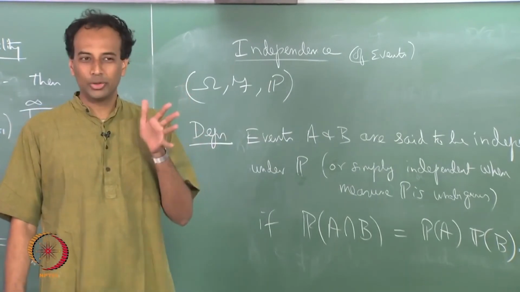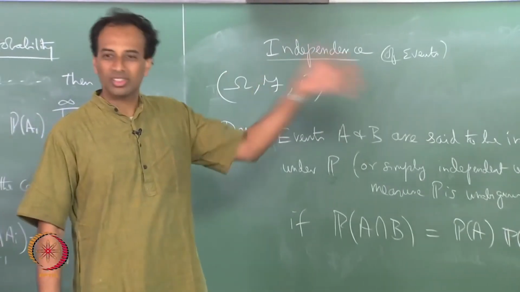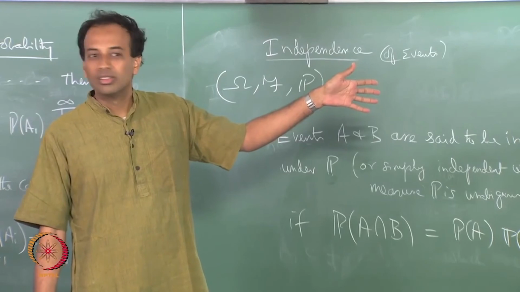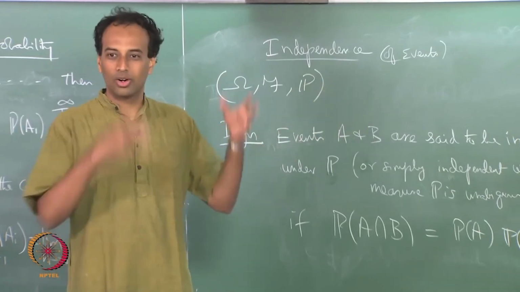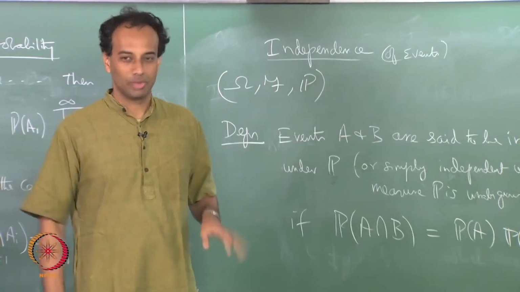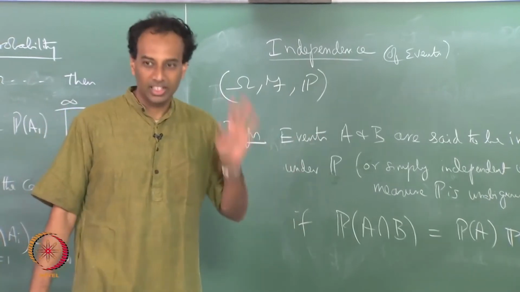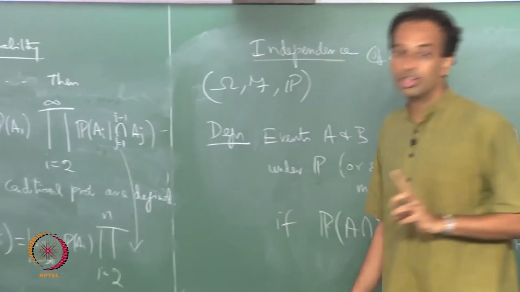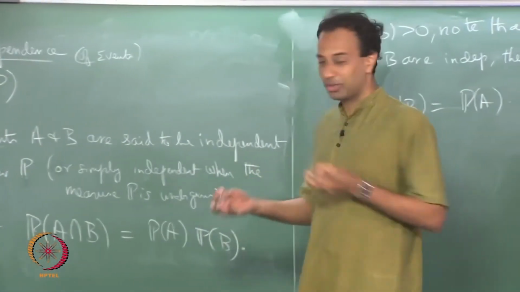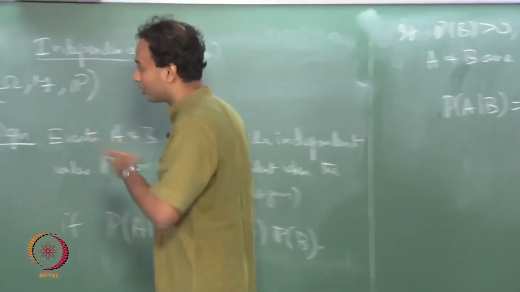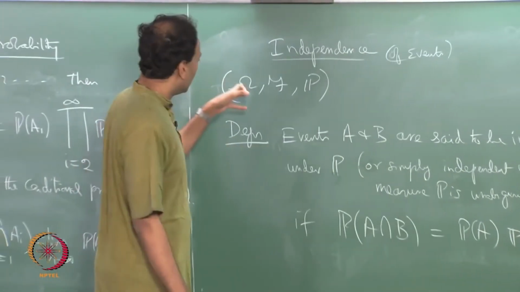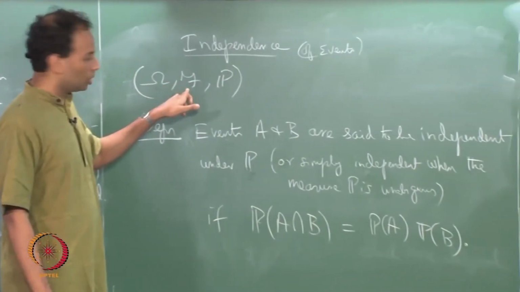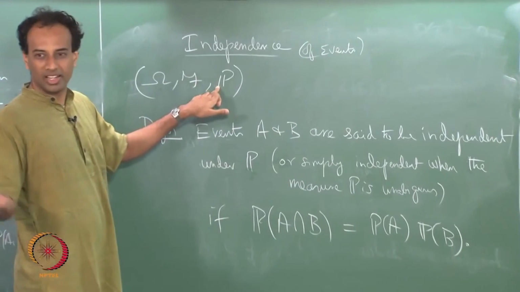All those kinds of intuitions hold only if both events have positive probability. That intuition that the occurrence of A says nothing about the occurrence of B, whatever that means, is actually a wrong statement. Let me give you an example. Let us say that you are working with [0,1], Borel, Lebesgue, our favorite measure.